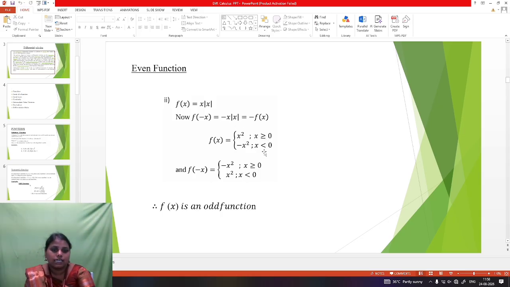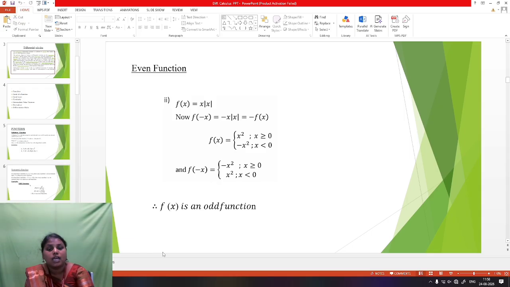The second case is less than 0, negative values. A negative value will reach the answer minus x square, and a positive value will reach a positive answer. Then f of minus x equal to minus x square for x greater than or equal to 0, and x square for x less than 0.